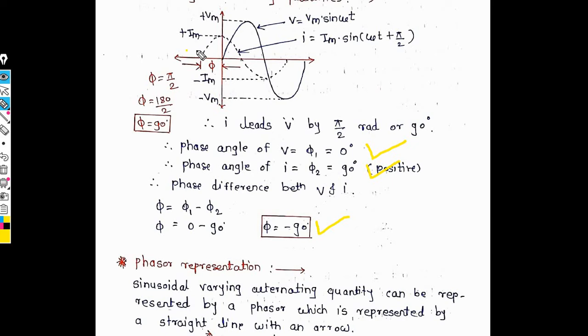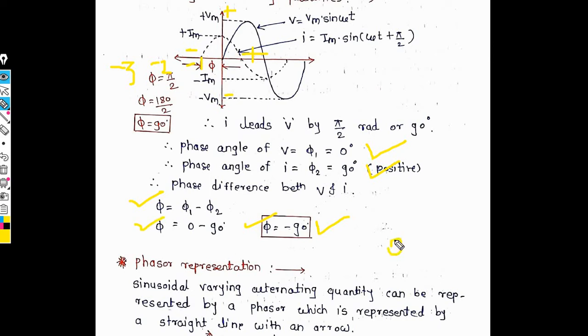The left-hand side indicates the minus sign and the right-hand side indicates the plus sign. So here phi is minus 90. This formula is also applicable here, because the left-hand side indicates the minus sign.